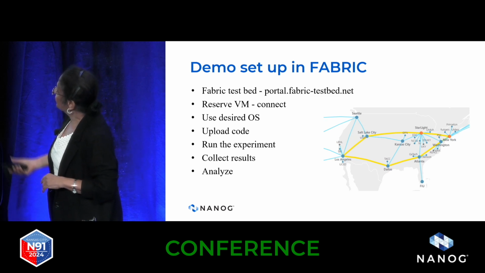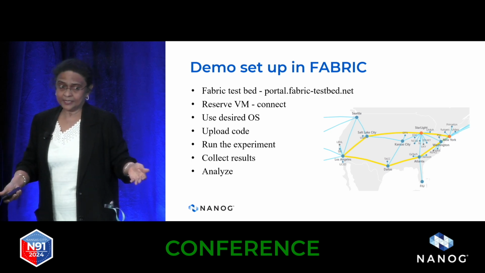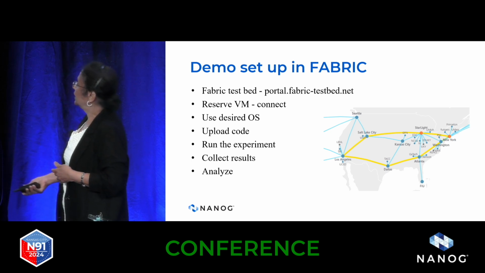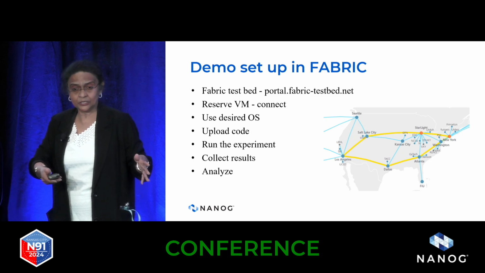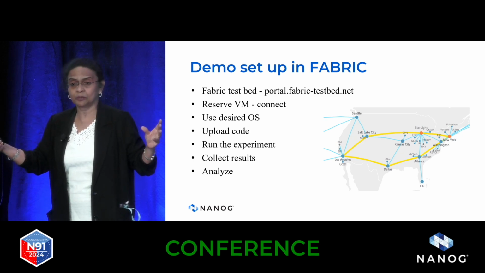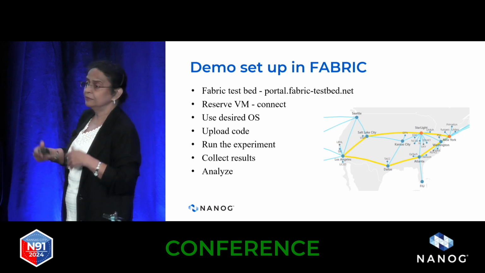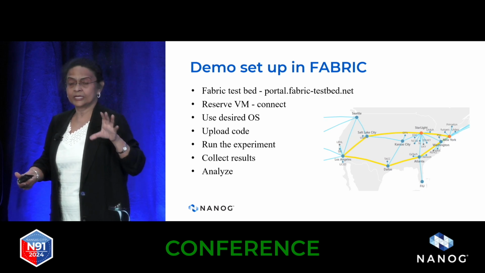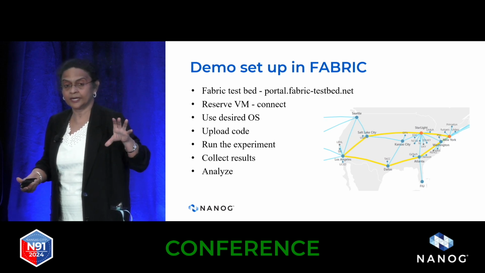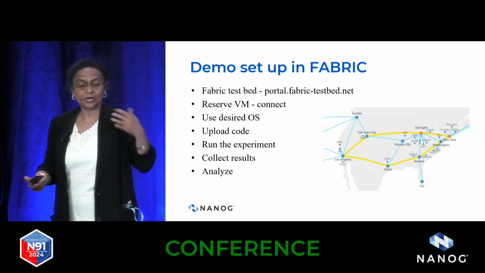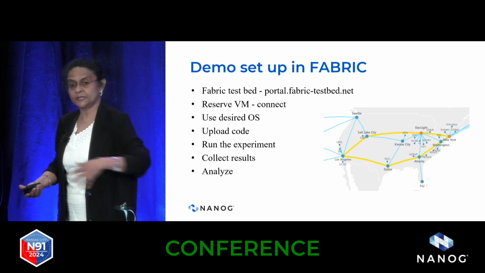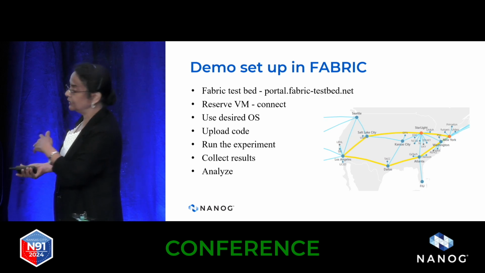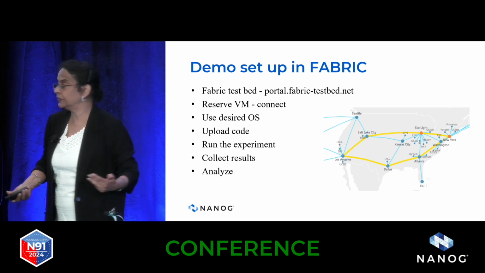The reason why it takes time is you have to reserve the virtual machines, set up the topology, and set up these virtual machines with the desired operating system. You have to upload the code, whether it's MR-MTP or BGP code, and then you run the experiment.